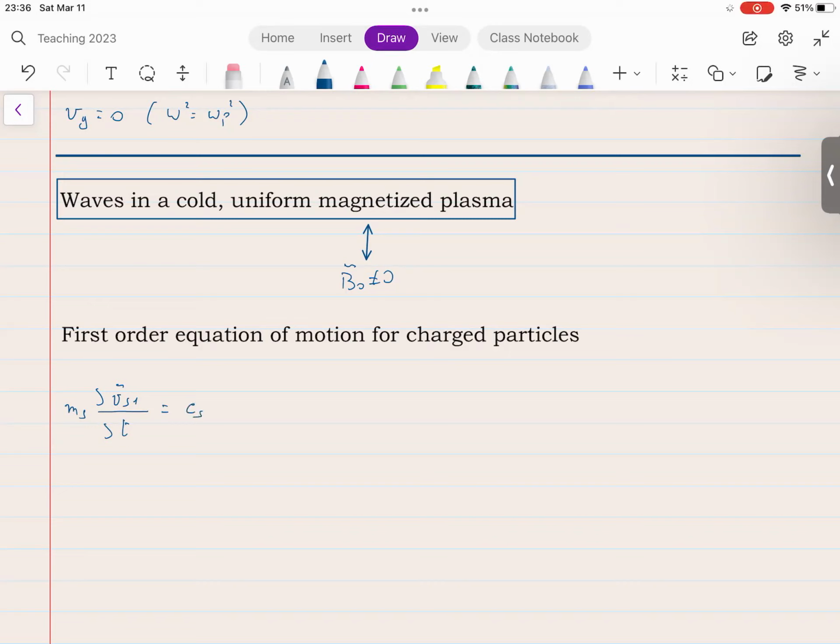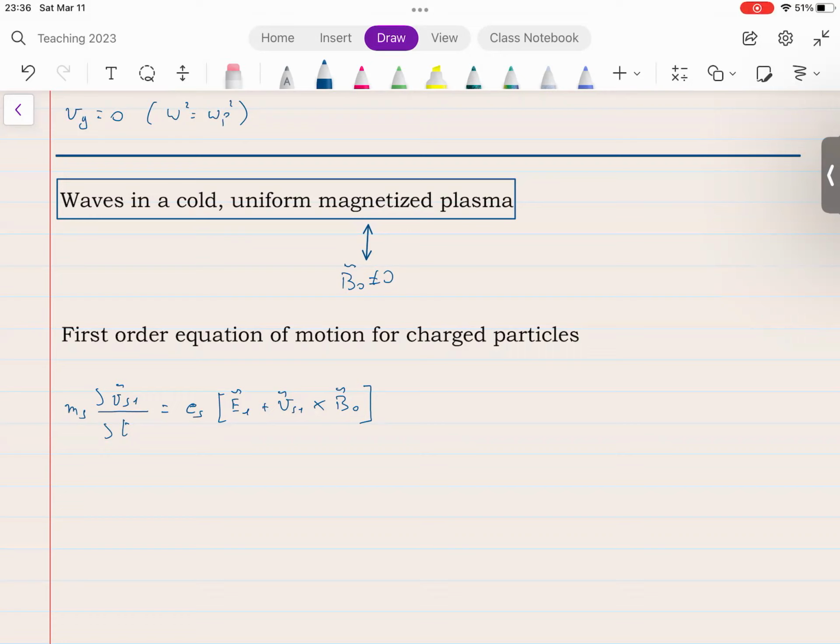Okay, here we have e sub s. That's a lowercase e, and is going to multiply E1 plus what we have here is V sub S1 cross B0. That is the only first order term I can make with the ingredients I have at my disposal.